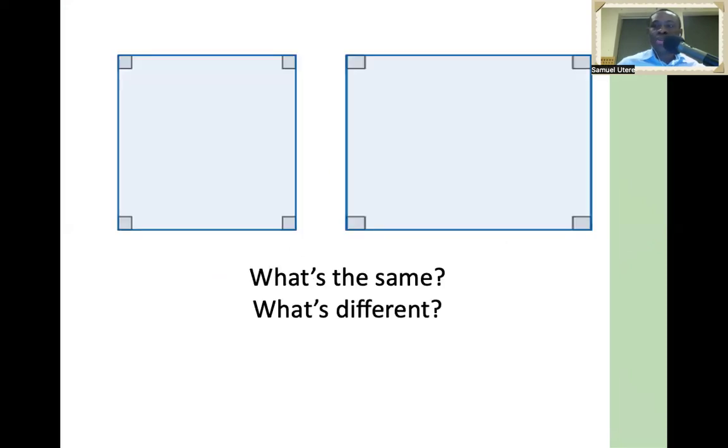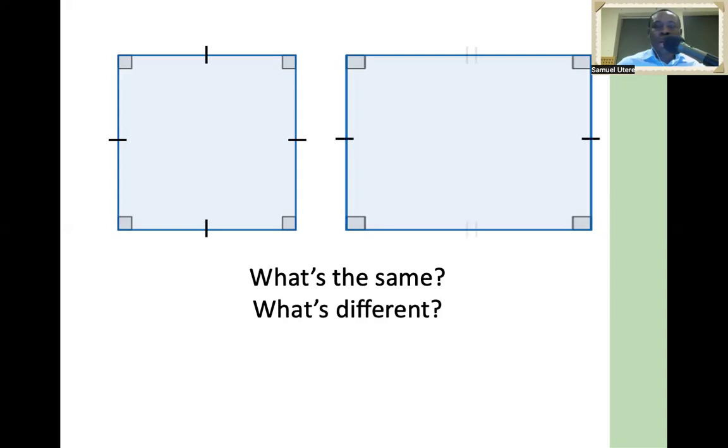Let's start to look at some of the properties of quadrilaterals. Look at these two shapes. What's the same and what's different? Well, you can notice that the shape on the left has all four sides equal.